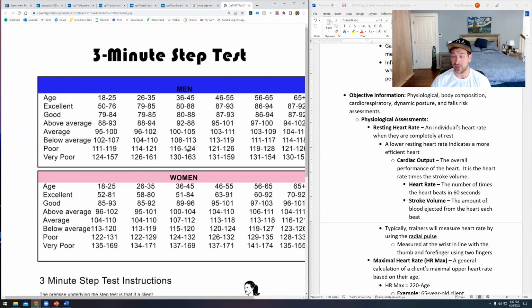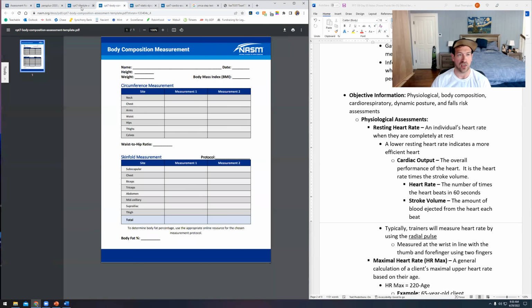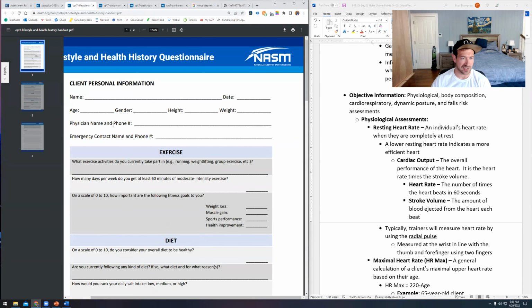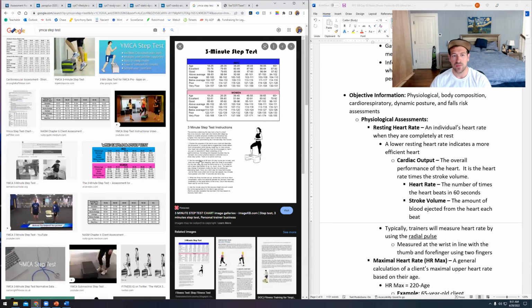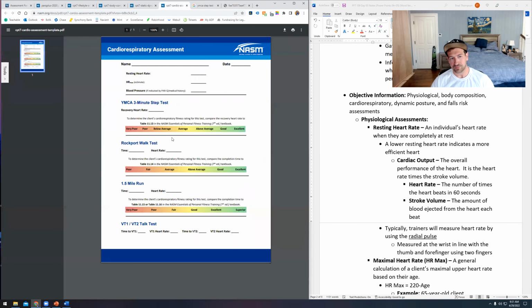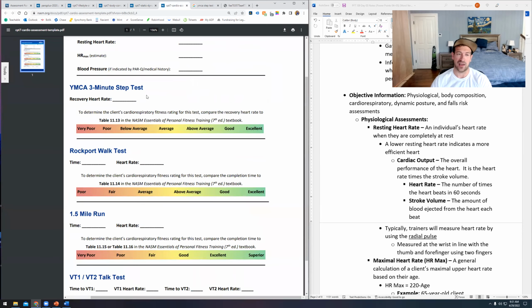We know what their age is, for instance. We look over here. Actually, I think that's on the lifestyle questionnaire, but that is still objective data. So I gather that number, and then I put them through the step test, right? We'll walk through how to do this in just a second, but I record it, and their heart rate is 113, right?